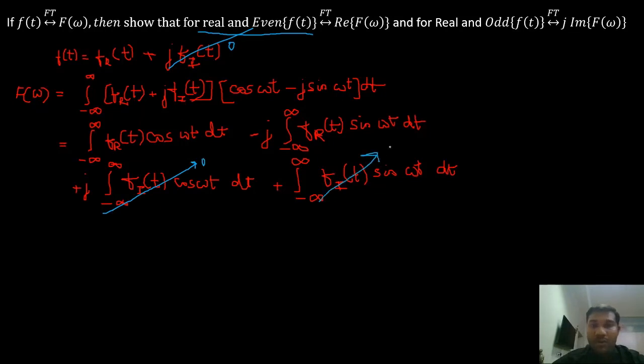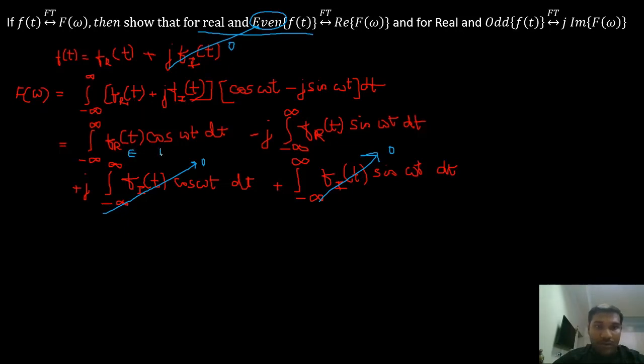This integral also becomes 0. So I only have the first two integrals. And it is also even. When it is also even, what will happen?